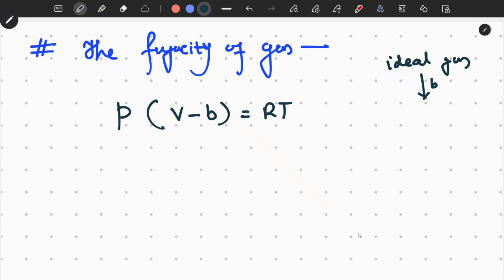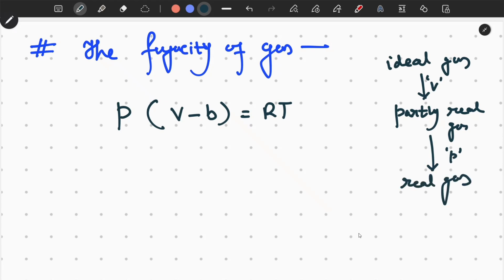Now, if you correct the volume part, you have to add B. So it's not ideal, not real. You can think of it as partly real gas. When you have the approximation of A, the pressure approximation, and this is a volume approximation, then it will be real gas, right? So this is the partly real gas.